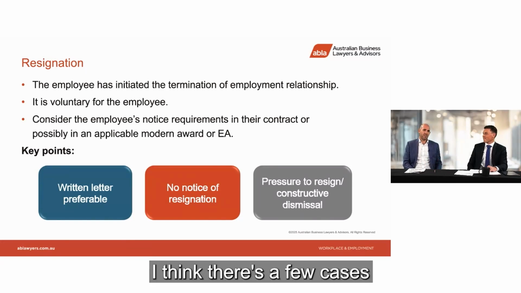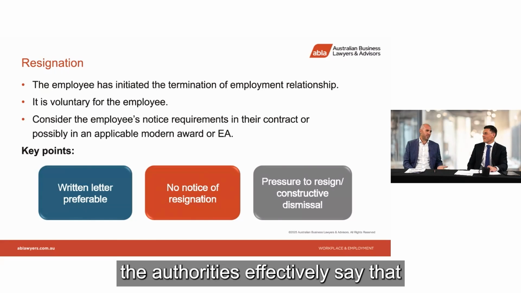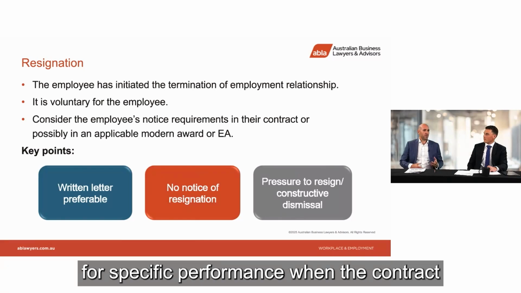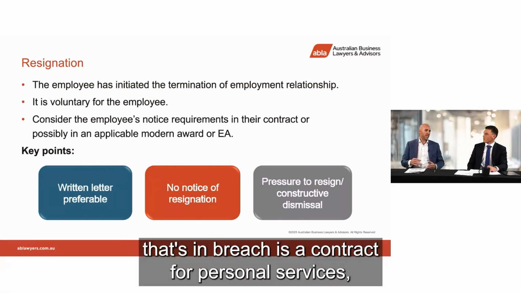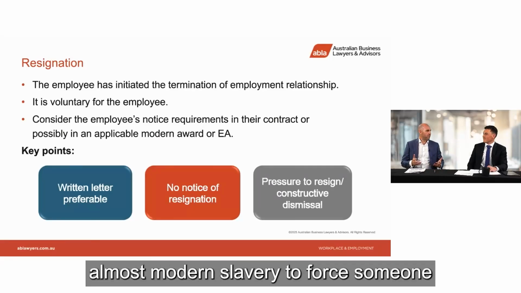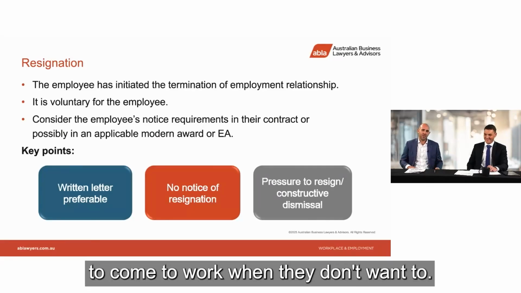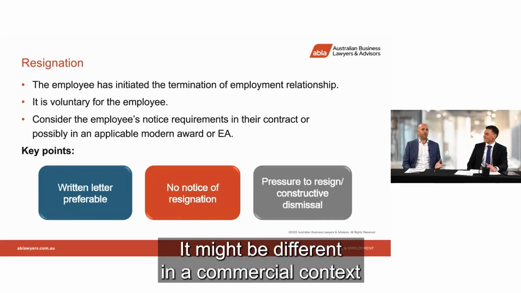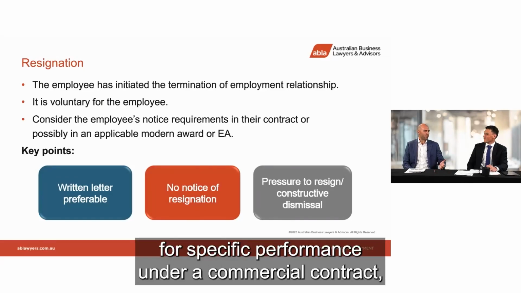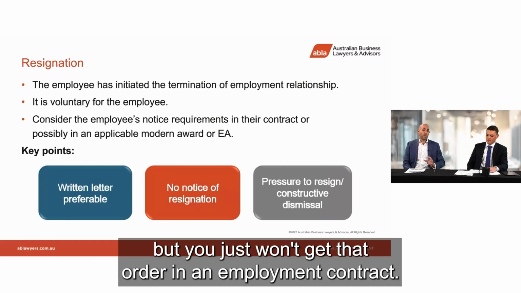The authorities effectively say that courts will not generally issue orders for specific performance when the contract in breach is a contract for personal services, because it's almost akin to modern slavery to force someone to come to work when they don't want to. It might be different in a commercial context, but you just won't get that order in an employment contract.